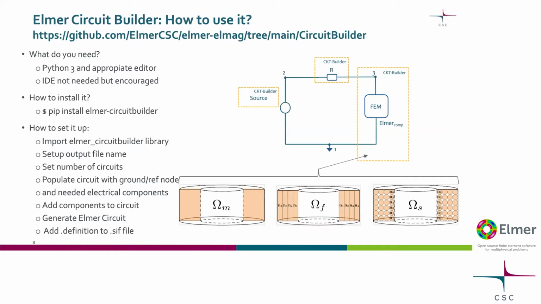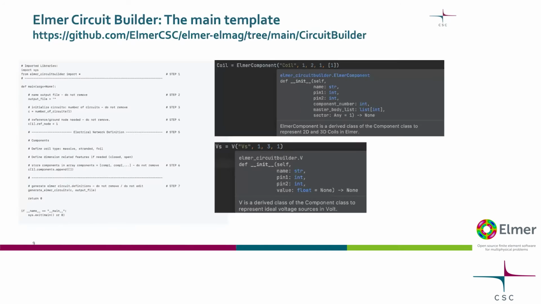You need to set up how many circuits you're going to have in the problem, assign a reference node, and then add the components to the circuit, generate the circuit, and make sure that the output file that the circuit builder generates needs to be included in the zip file for it to work.